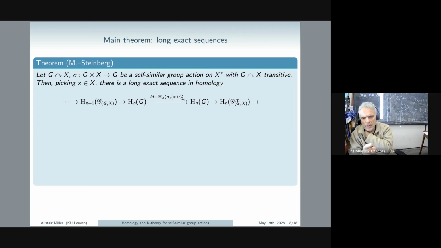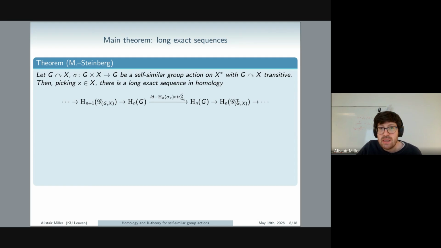Another question. So is the group G the full group of the groupoid? So there's some subtlety here. First of all, if this is a faithful self-similar action, then G is going to be contained in the full group. Really, what the full group is going to be is a copy of V or a copy of Vn, where n is the size of the alphabet, and a copy of the faithful quotient here.